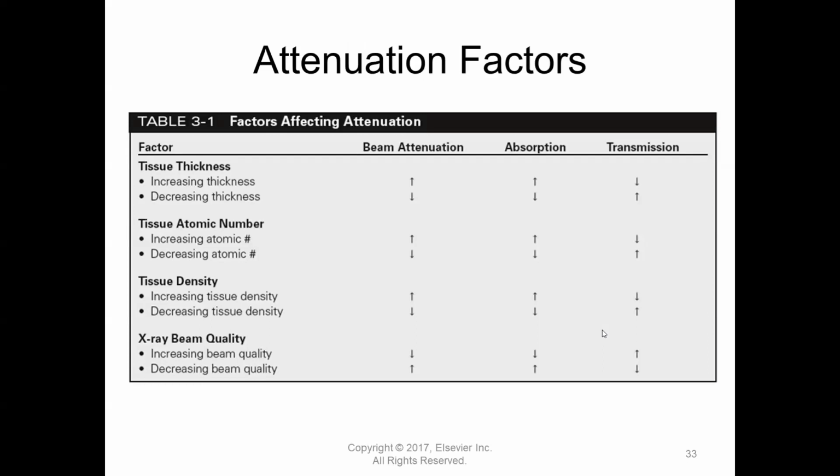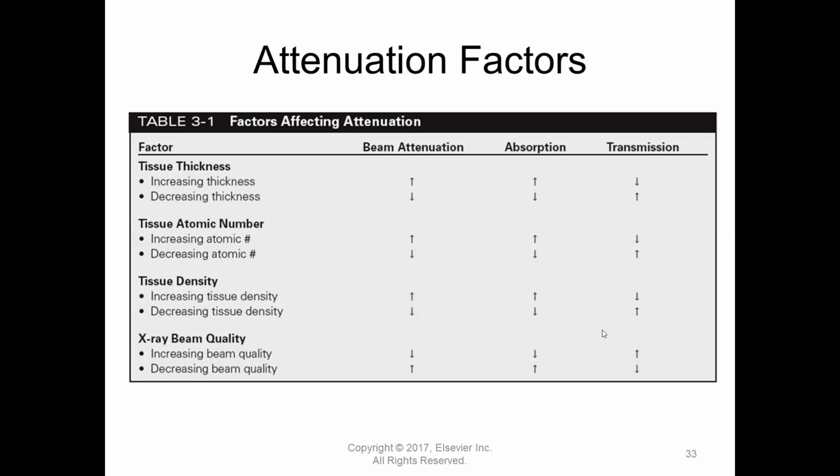And then here's a little chart, up and down arrows for different attenuation factors. This is not in your textbook, but most of this is common sense. Tissue thickness: more attenuation, more absorption, less transmission. Less thickness: less attenuation, less absorption, more transmission.